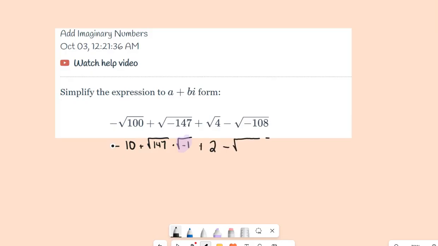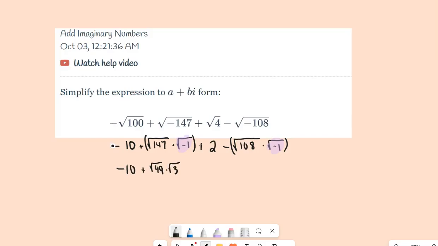So I don't think I need to be that long. Put this in parentheses. Actually, let me put both these in parentheses, just to make it a little easier. Now we've got square root of 108 times square root of negative 1. Put that there. Okay. So now we still have 10 here. Now this is going to be 49 times root 3.